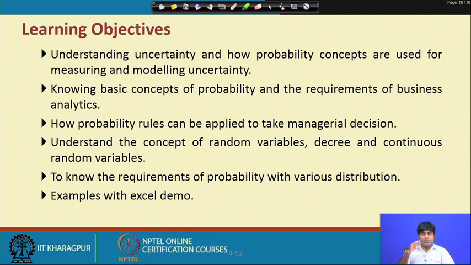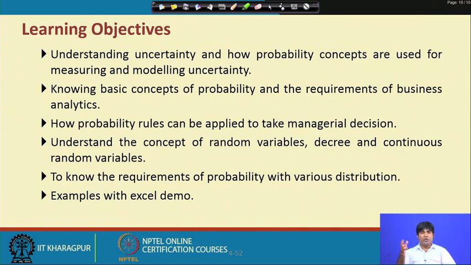Some of the basic items connected with probability theory are random variables, discrete series, continuous series, discrete random variable, and continuous random variable. These are things you are supposed to know.